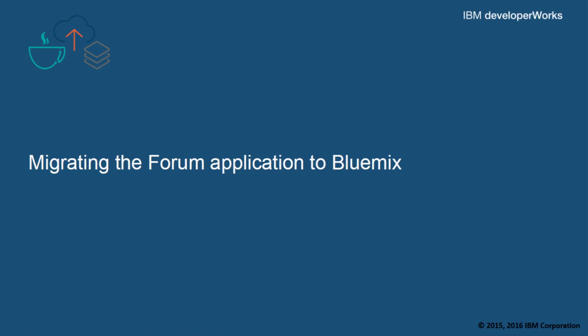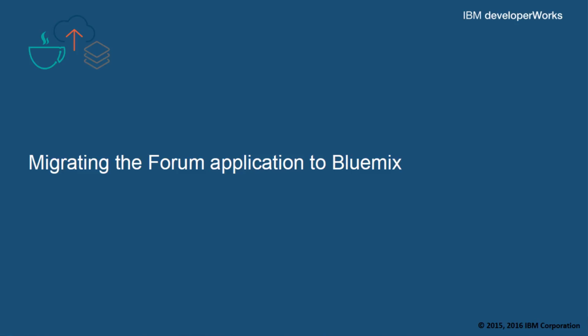Up to this section, we have prepared the development environment, and then we moved on to deploying the sample application to the on-premises Tomcat server to run. As a second step, we ran two different types of application assessments in order to identify the enhancement points to get the forum application ready for the cloud deployment.